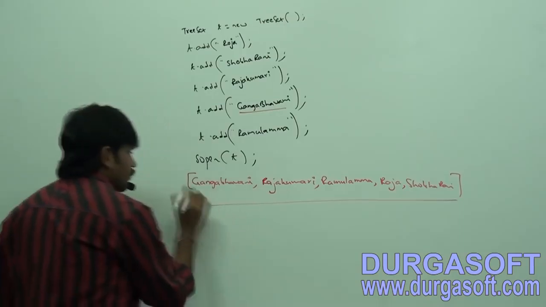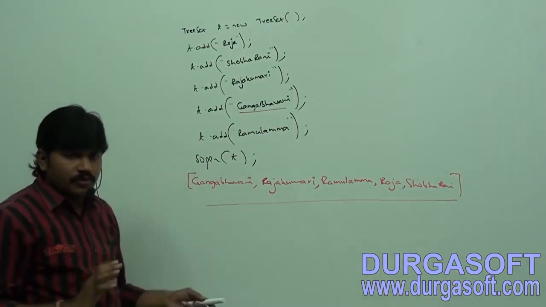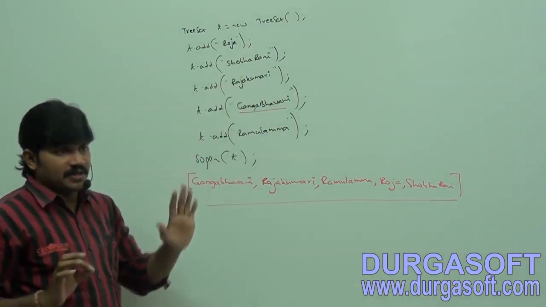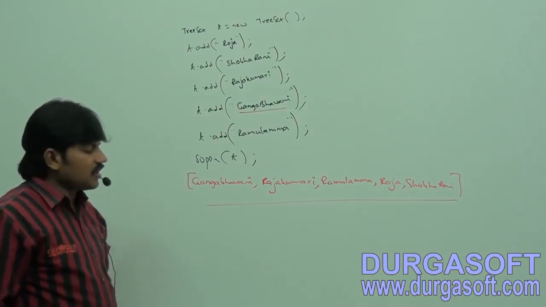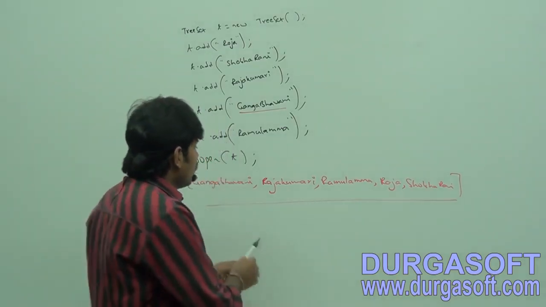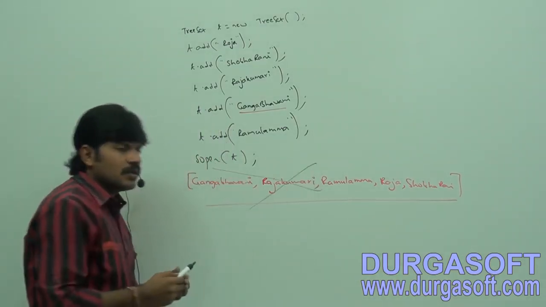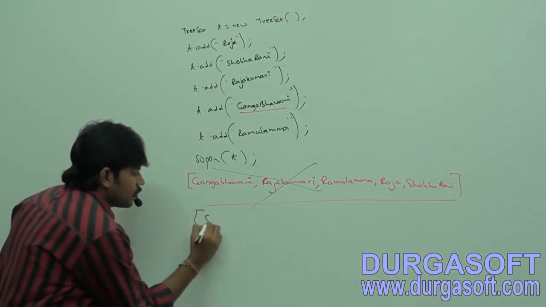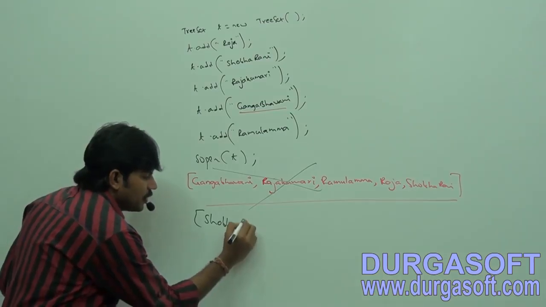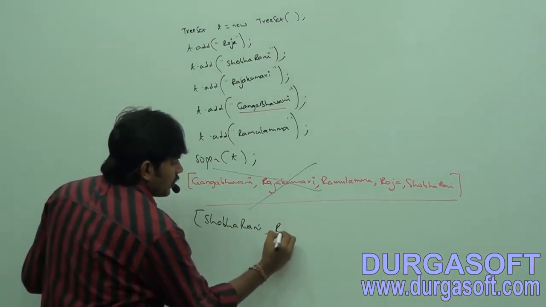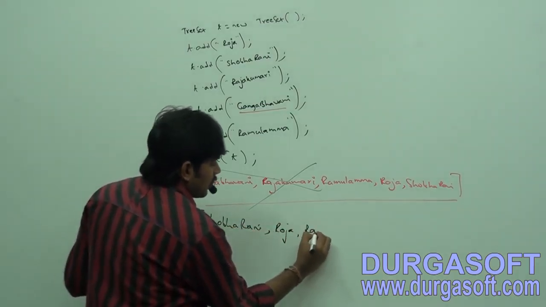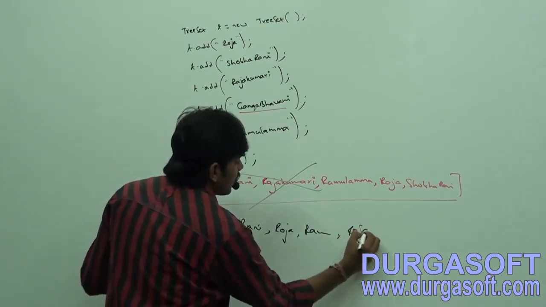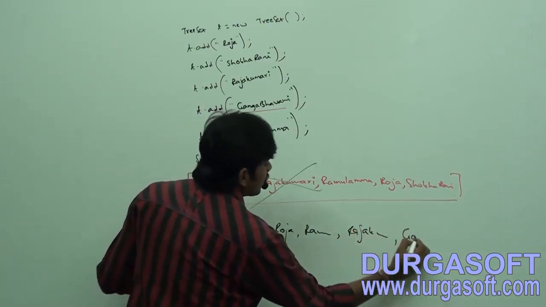So this is the output we get if I am not passing a Comparator object. But now my target is, I don't want this output, I want reverse of alphabetical order. Can you tell what our output is? First Shobha Rani, next Roja, next Ramulamma, next Rajakumari, next Ganga Bhavani.